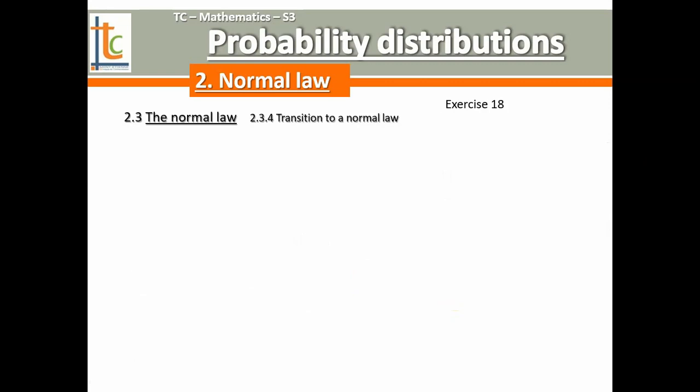So with exercise 18, the exercise has not been written here on the slide. So let's just say and describe the case here. You've got companies in a region, in a large region of a country.